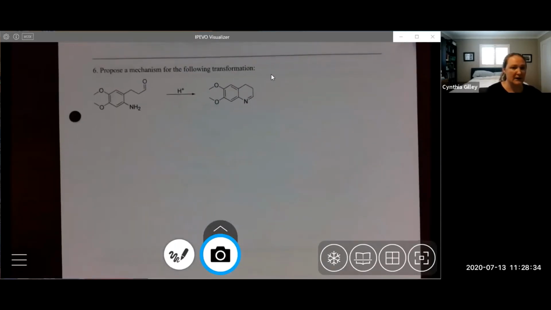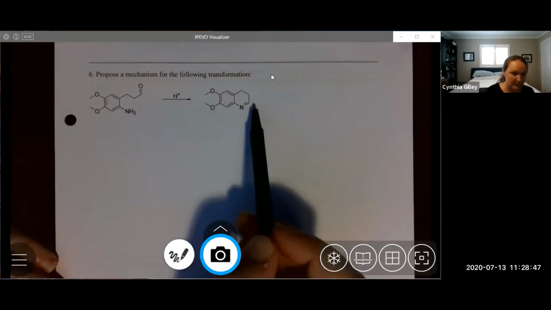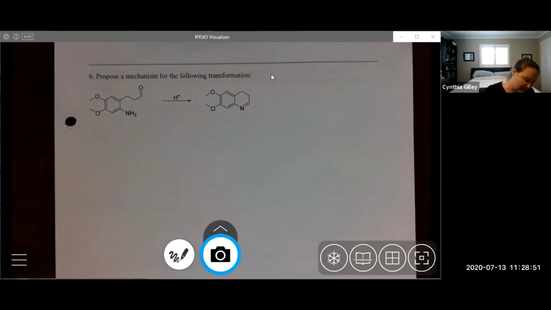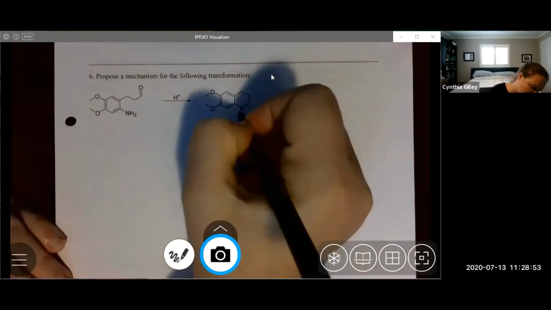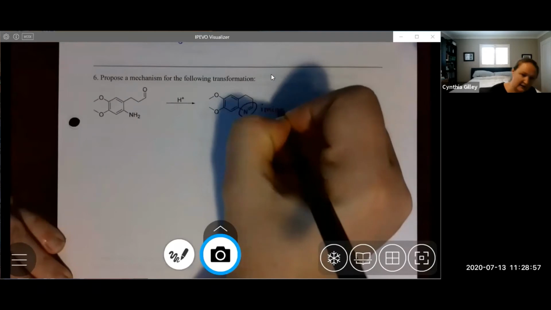Okay, so here's a mechanism, and just because it looks a little different from what you've seen before, don't get too confused. This is going to be imine formation. So we just recognize that I've got this carbon double bonded to nitrogen here. This is just an imine.